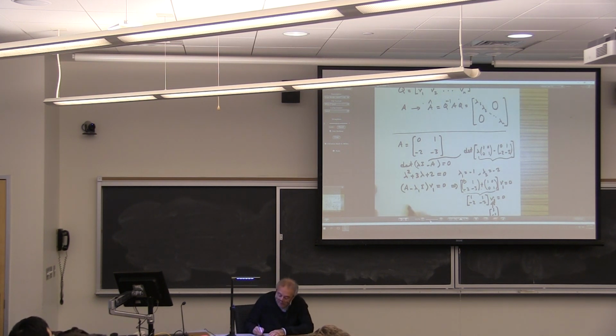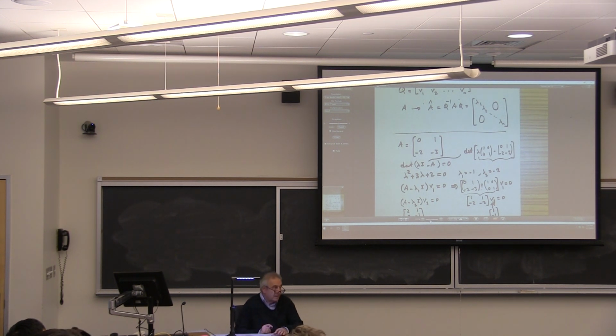How about A minus lambda 2 times I times V2 equal to 0? The other one is going to be minus 2, so it's going to be 2 here, 2 here. So that matrix becomes equal to 2, minus 1, 1, and what is here?